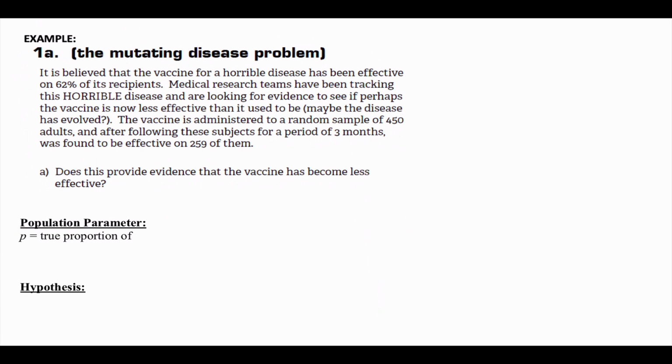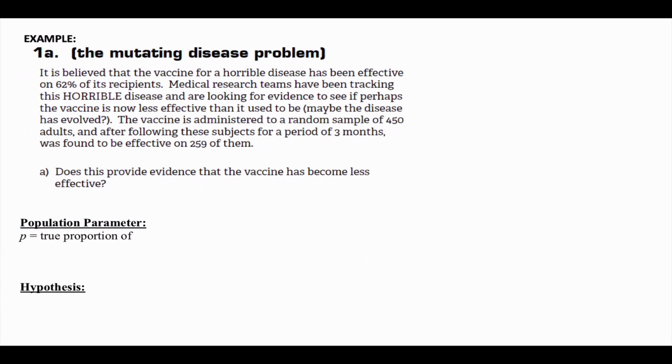The strain changes a little bit. So they can't give the same vaccine every single time. They tweak it a little bit, right? Well, that's what they're checking for here. They're saying, has it evolved? Do we need to tweak our vaccine so that we can keep that 62% or go even higher? Okay, because 62% is kind of low.